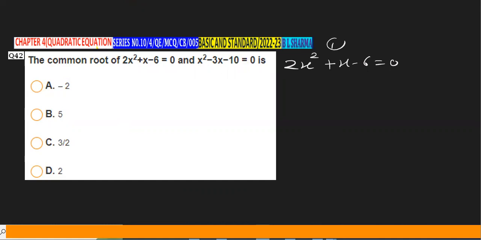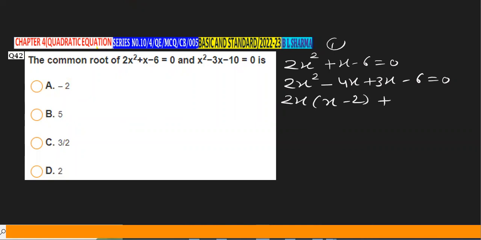By factorizing by splitting the middle term: 2x square minus 4x plus 3x minus 6 is equal to 0. 2x common, x minus 2, 3 common, x minus 2.